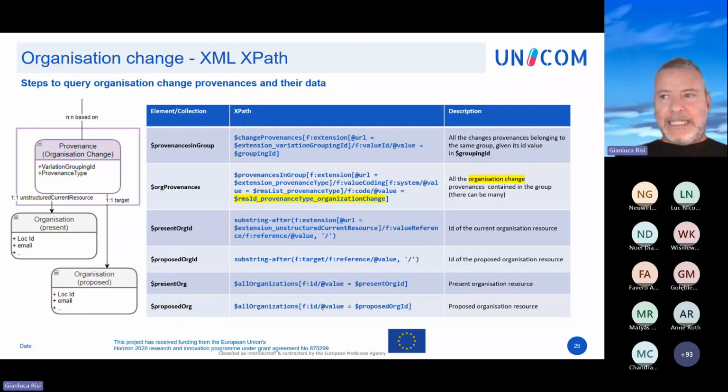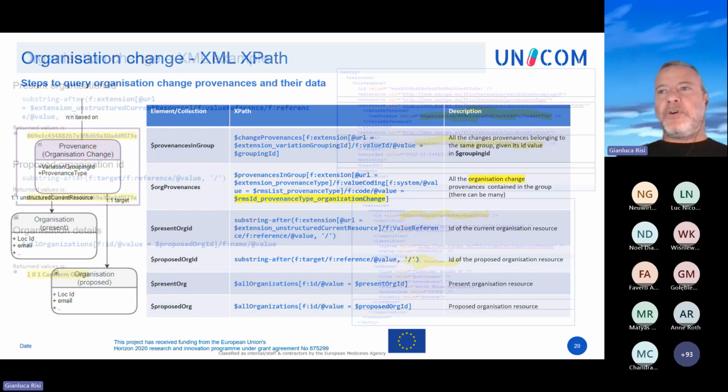So we can take the IDs from those references with those two queries, and then having each of those two IDs, we can get to the organization by querying all the organizations and filtering, searching for its ID value, assigning in each case the present and the proposed organization. So this way, with the latest two queries, we will be able to have the two organizations.